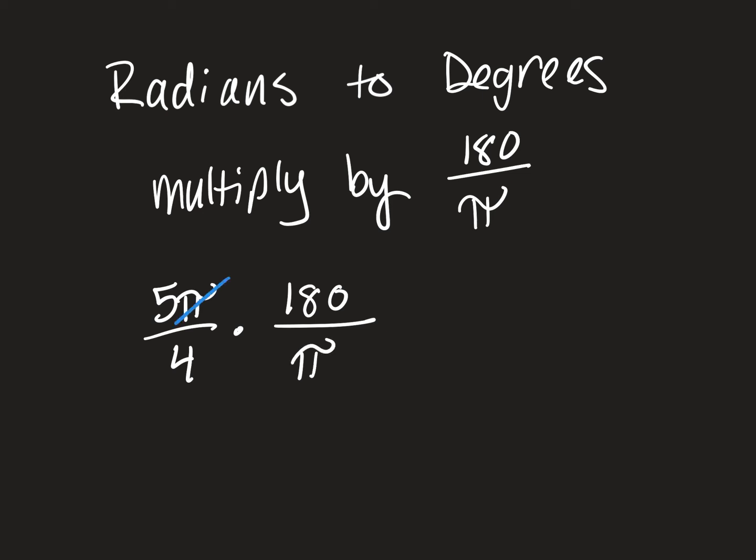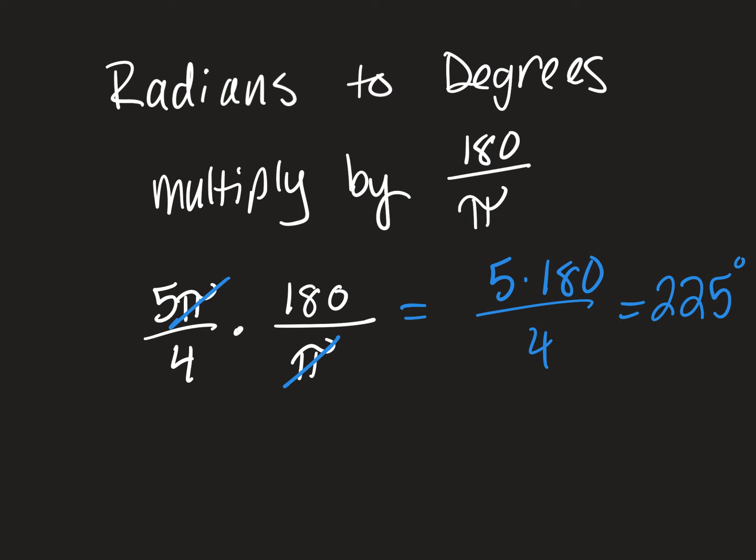Since we have a pi on top and pi on bottom, the pi cancels out. So really what you're doing is just 5 times 180 divided by 4. For these, it's going to be perfectly fine if you get a decimal. In this one you don't, but 225. For your degree answers, you can have decimals. Sometimes it's not going to work out evenly. But you should not have any pi left in your answer. Your pi cancels out.